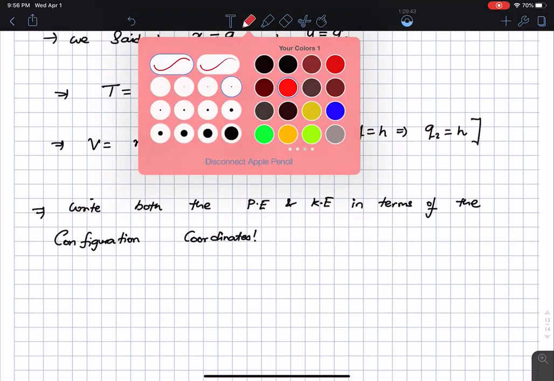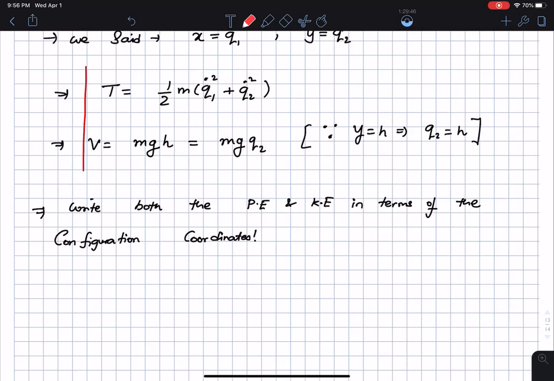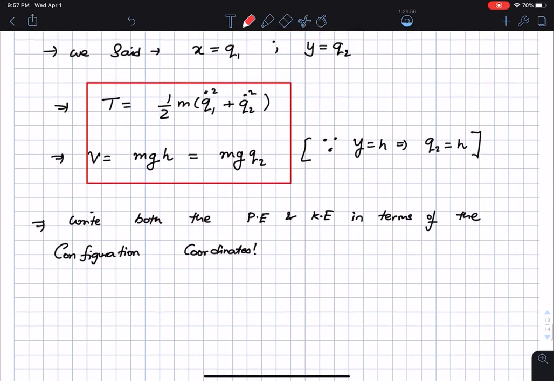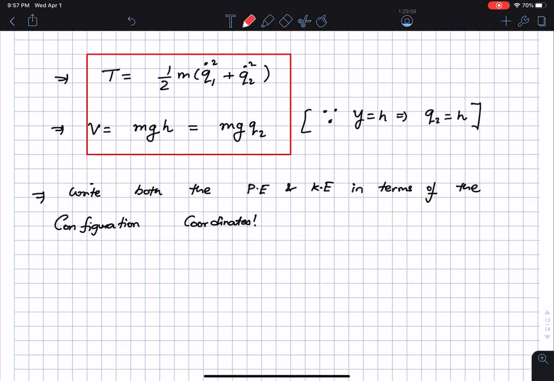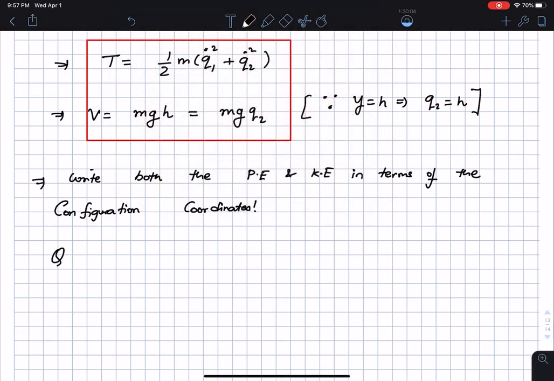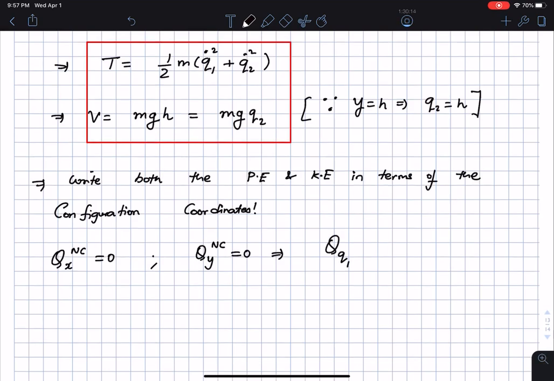Okay, so I'm just going to put a box around these two, so that we can call them back again when needed. And I want to finish this problem. I appreciate your patience in sitting and listening to some of my long lectures here. Once I have that, I also notice that Qx non-conservative is 0, Qy non-conservative is 0, which means that Q1 non-conservative is 0, Q2 non-conservative is 0.